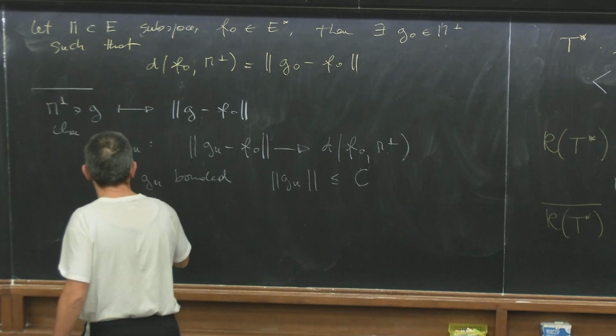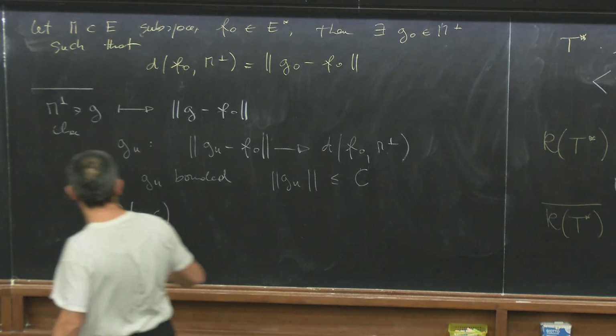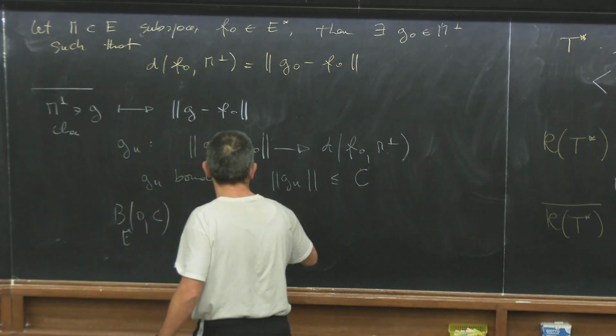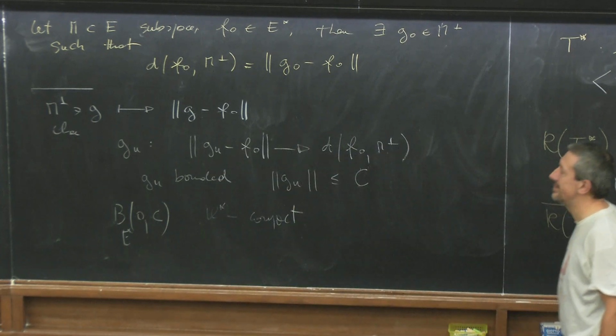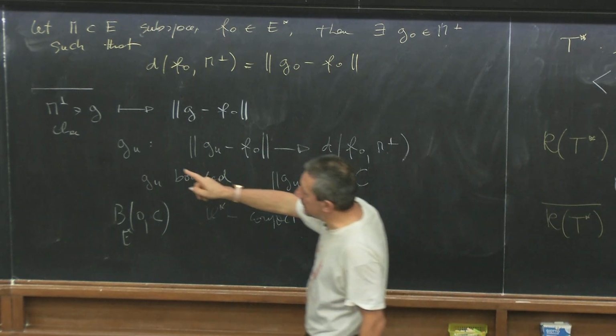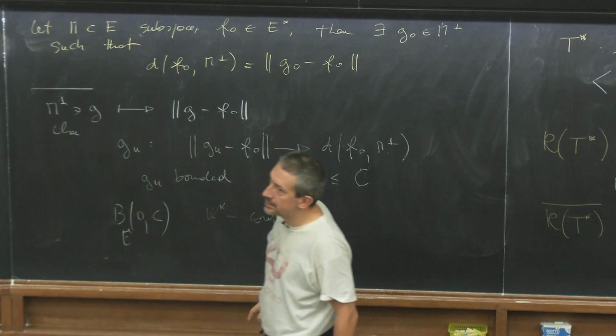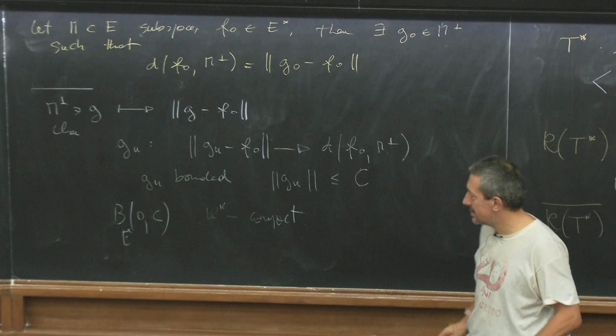So the ball of radius C in E star is weak star compact, and there is G0 in this ball, which should be in the intersection with M orthogonal.